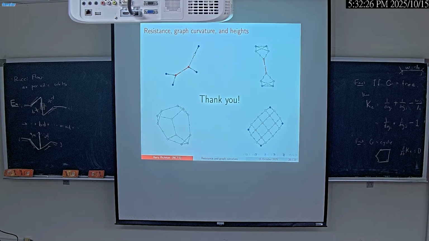For Weierstrass points on graphs, at least for algebraic curves, if some people in the audience have seen some theory of algebraic curves, if X is a hyperelliptic curve, then these Weierstrass points are fixed points of the hyperelliptic involution.